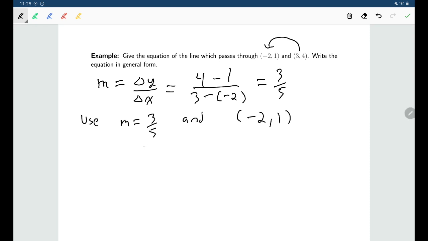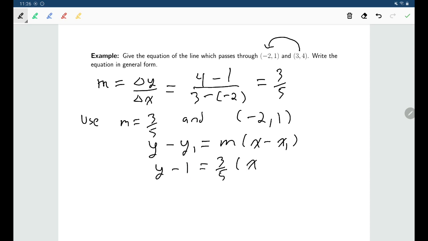So the slope point form is y minus the y coordinate equals slope times x minus the x coordinate. And now we'll put in what we have.